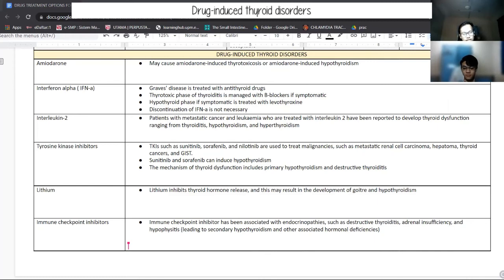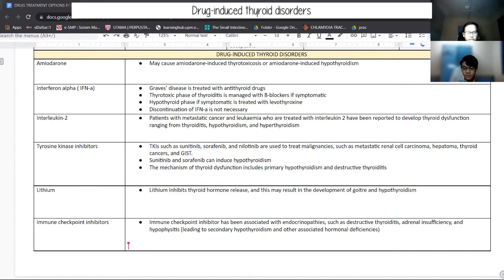The next drug that can induce thyroid disorder is lithium, where the lithium will inhibit the thyroid hormone release, and it may result in the development of goiter and also hypothyroidism.